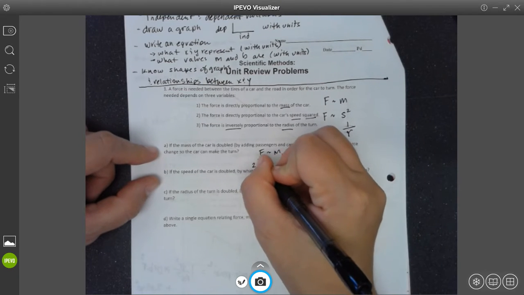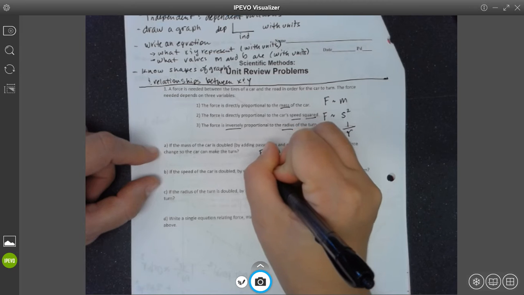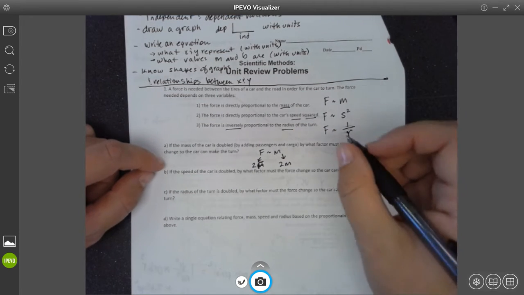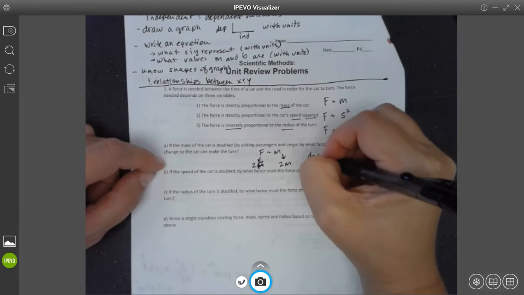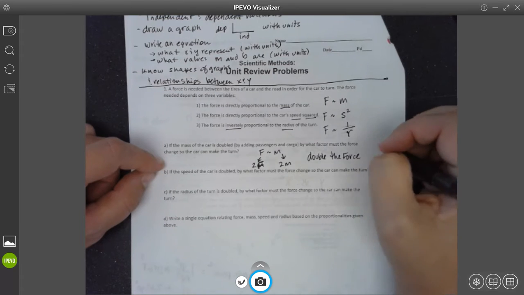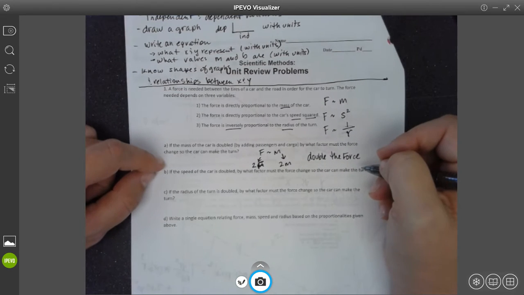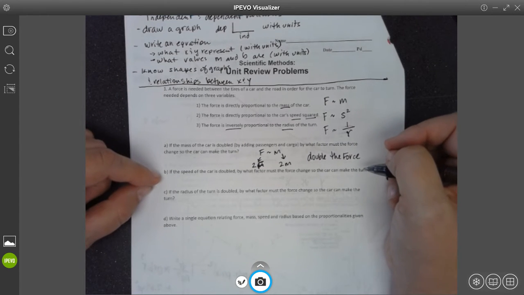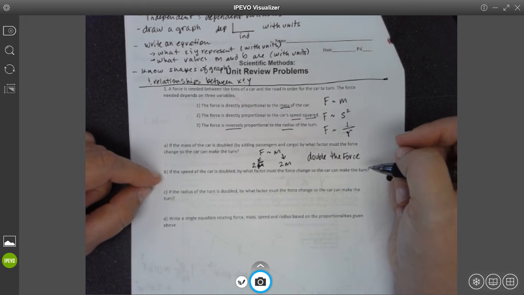So we're going to need to also double the force on the other side. You could write this as 2F. You could write double the force, as long as it's clear to me that you understand that we need twice as much force to move twice as much mass.